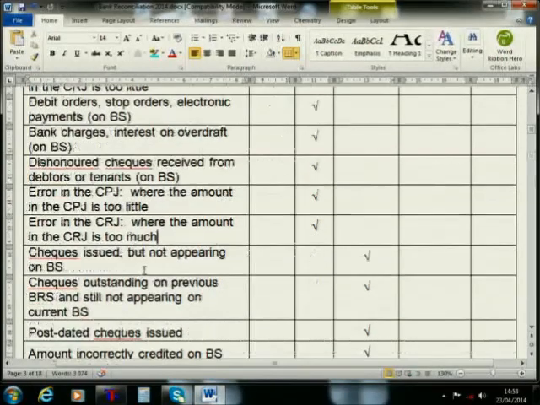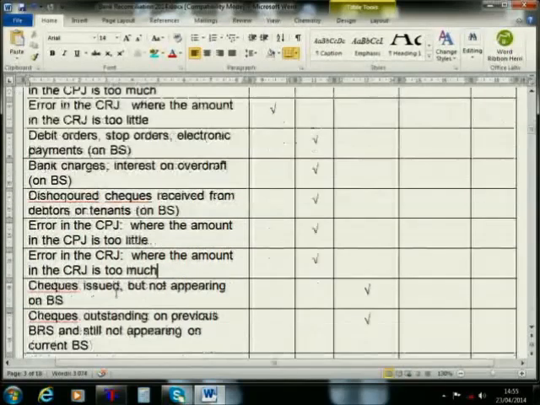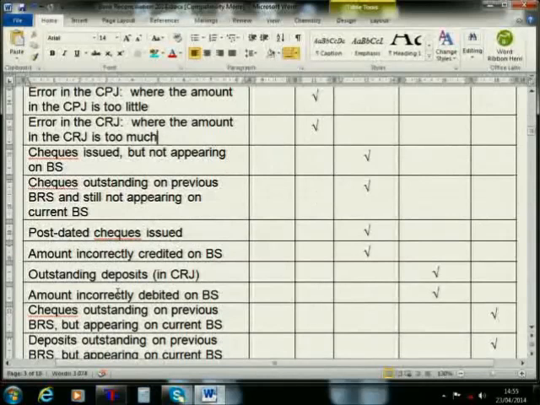Checks issued but not appearing on the bank statement. Listen to this one. Checks issued but not on the bank statement, you put on the debit column of your bank reconciliation statement. Checks outstanding on the previous bank recon and still not appearing on the current bank statement: that means that we issued that check the previous month, it was outstanding, it's still outstanding, so you put it on the debit side of your bank reconciliation statement.